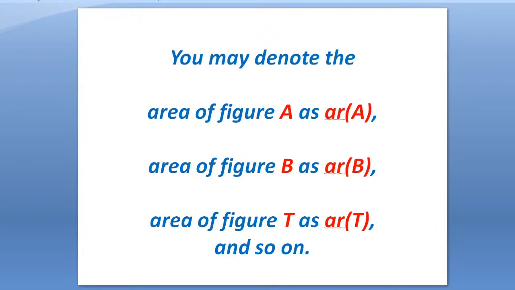So you may denote like this: area of figure A is equal to ar(A), area of figure B as ar(B), and area of figure T as ar(T), and so on.